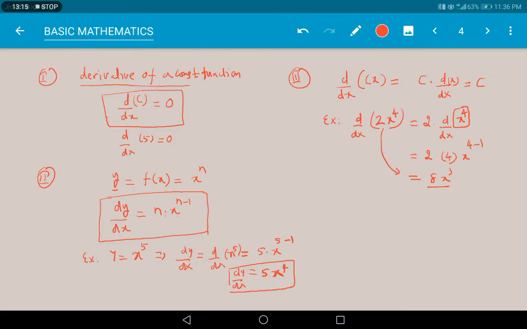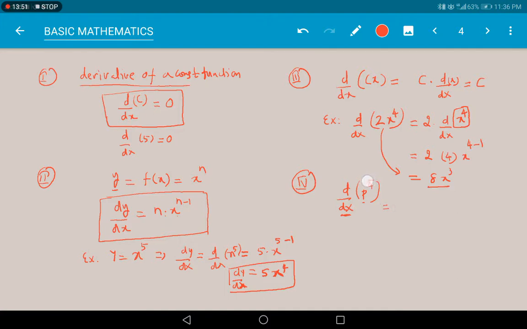So like that we can find the derivatives of different functions. One more important point here: the function and the change must both be in x terms only. For suppose we have a function like d by dx of p power 4, where your function is expressed in terms of p and we are differentiating with respect to x, then how do we find the differentiation?